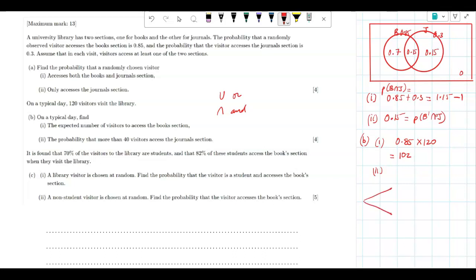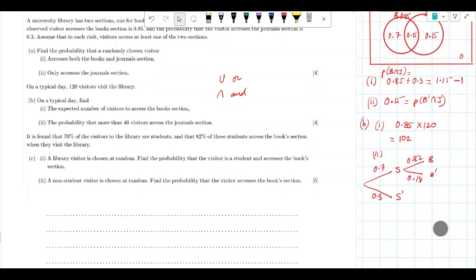So P of student, not student: student is 70%, non-student is 30%. And 82% of the students visit the book section, the rest do not visit the book section. So 0.82, and what is this? 0.18.